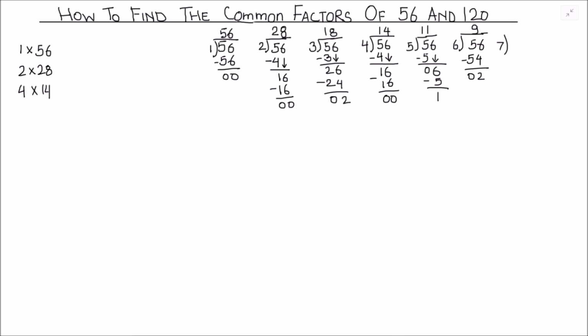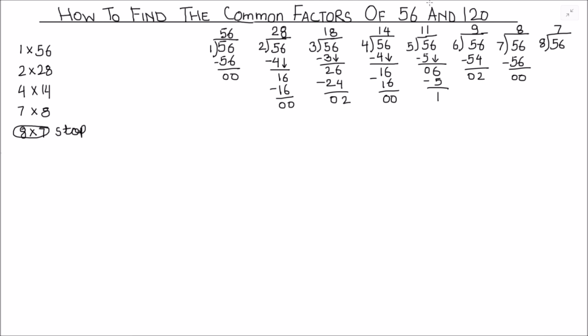Next we'll divide 56 by 7. 7 times 8 is 56 and the remainder is 0. That means 7 is a factor of 56. We got two factors as 7 times 8. Then we'll divide 56 by 8. We'll get the same factors as 8 times 7. As the factors are getting repeated, we are going to stop our division process and we'll note down all the factors of 56.